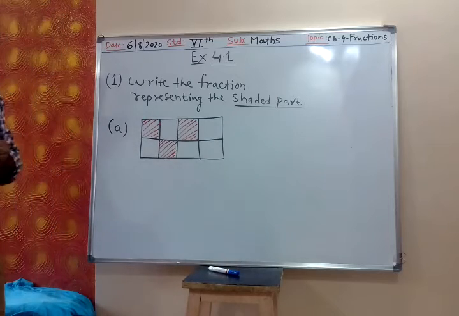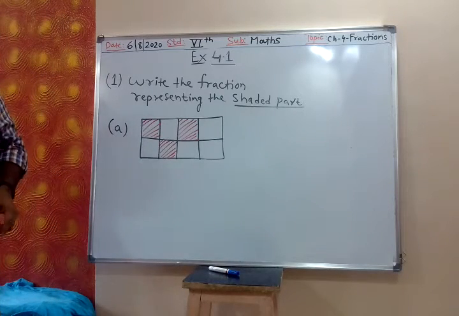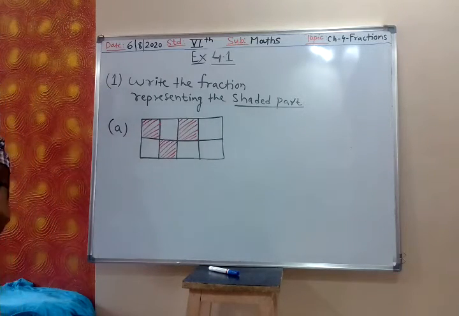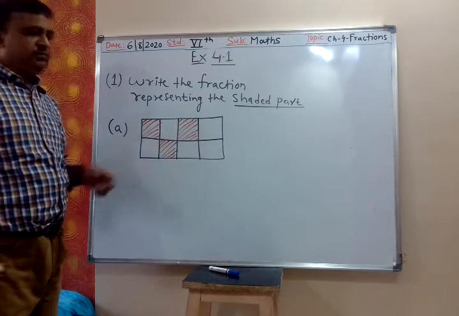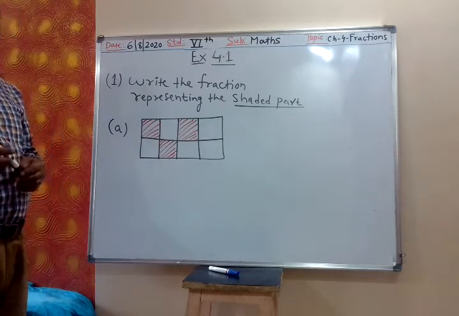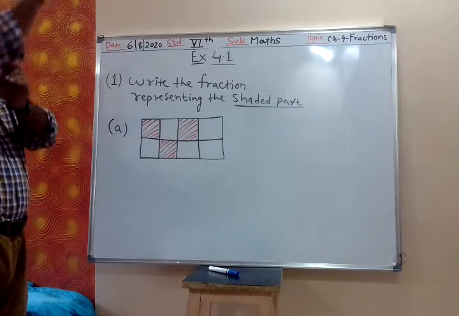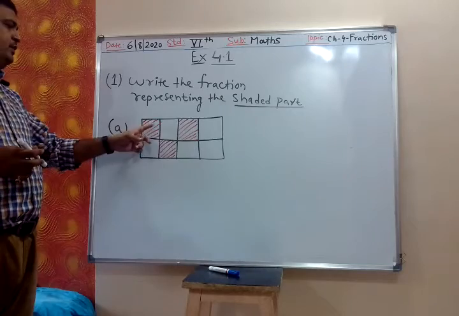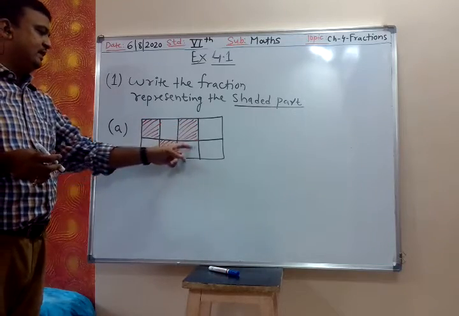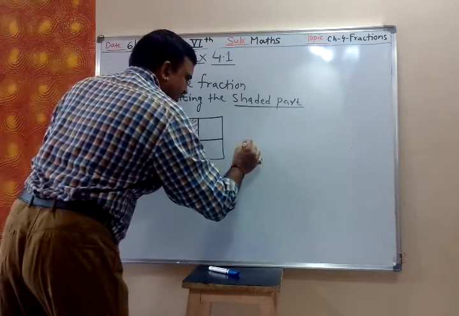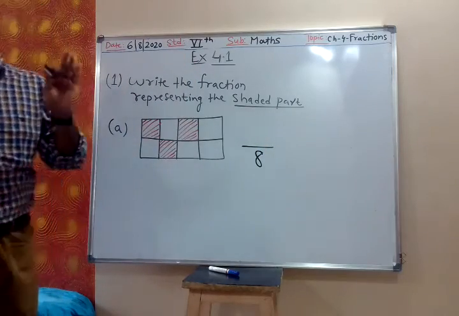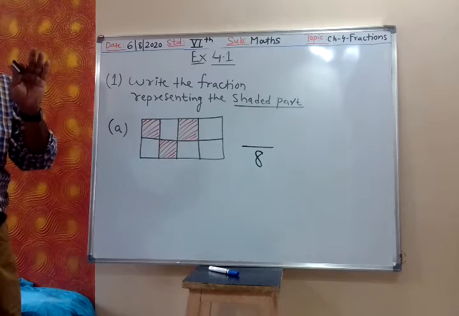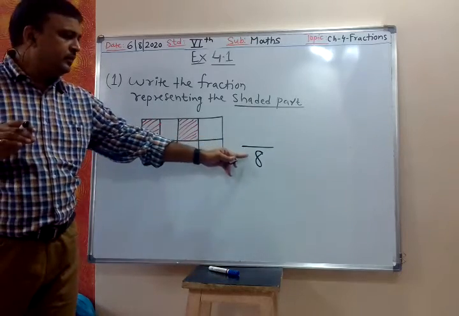So total how many parts are there? 1, 2, 3, 4, 5, 6, 7, 8. That total part we write in the denominator.